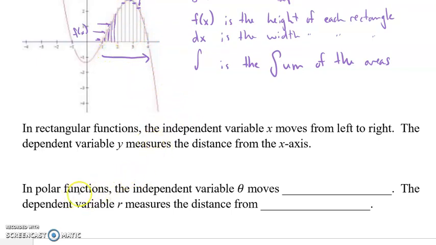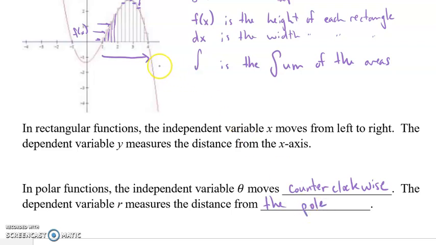Now, that's not what's going on in polar functions, because the independent variable theta doesn't move from left to right. As theta gets bigger and bigger, we're moving counterclockwise, anti-clockwise, around the pole, right? The origin. And then the dependent variable r doesn't measure from the x-axis, it measures from the pole, right?